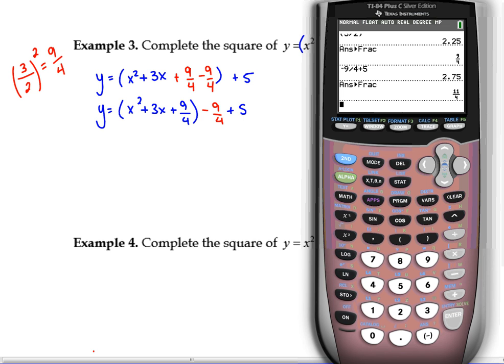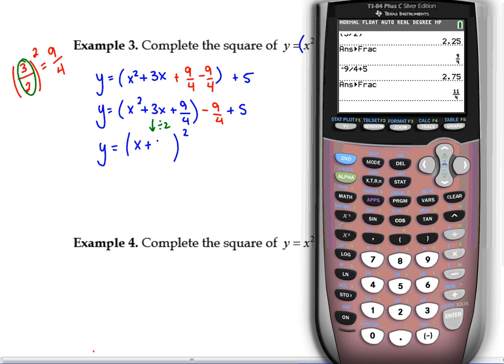So then, what does this first part factor to? X plus what? 3 over 2. Remember, we take that middle term and divide it by 2. It's the same as the inside right there.